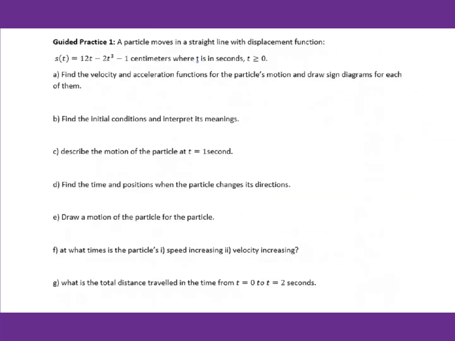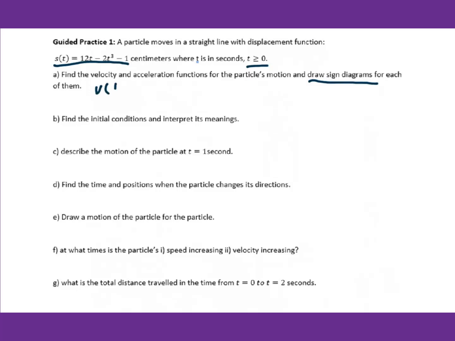Let's go to guided practice 1. A particle moves in a straight line with a displacement function given by this, in centimeters, where t is in seconds, t greater than or equal to 0. Find the velocity and acceleration functions for the particle motion and draw a sign diagram for each of them.